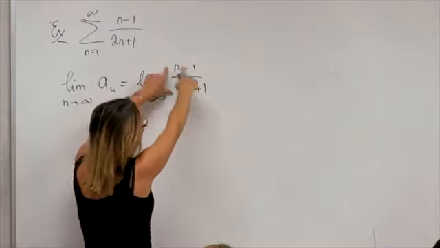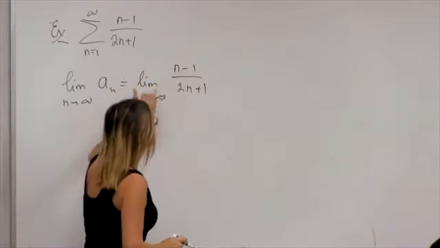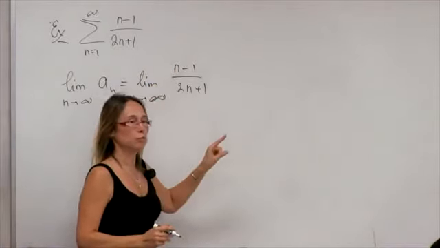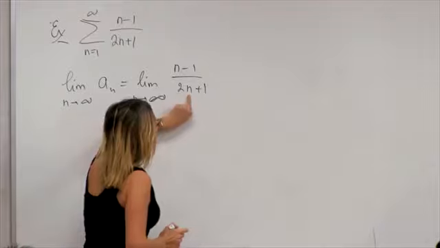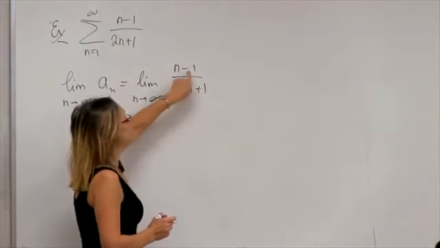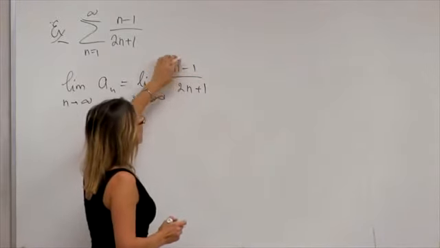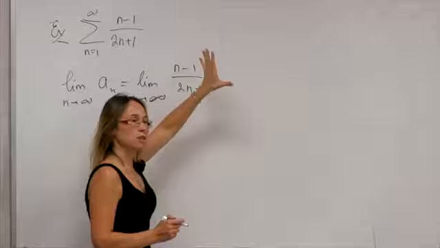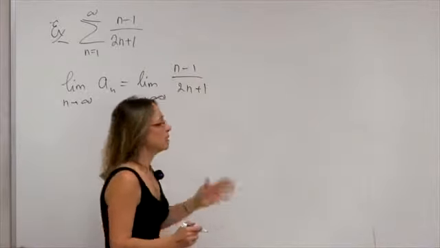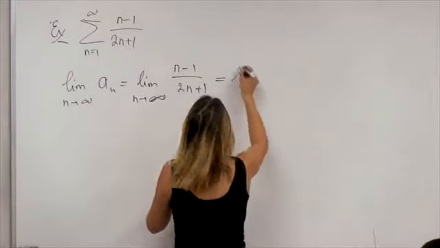I'm looking at the power of the numerator and denominator. If they're the same, then the limit is going to be a constant, which is not 0. If the denominator has a higher power, then it's eventually bigger, and the thing goes to 0. If the numerator's power is greater, then it's going to infinity. So this is how you can tell just by looking at it. If you want to go through the steps, you divide by the highest power.